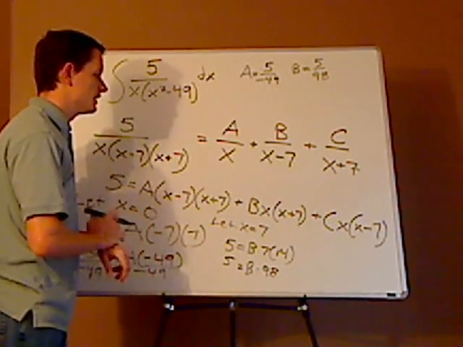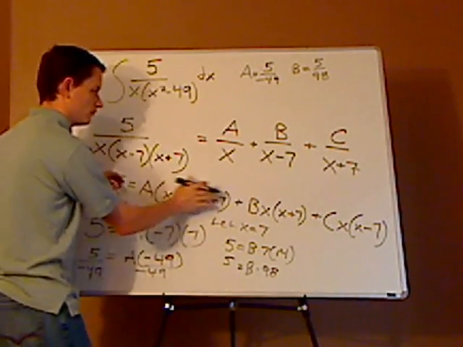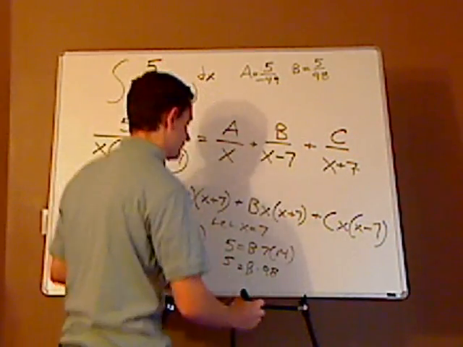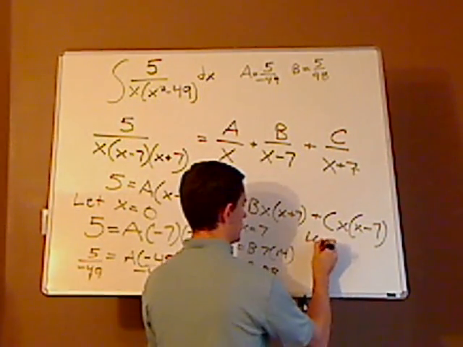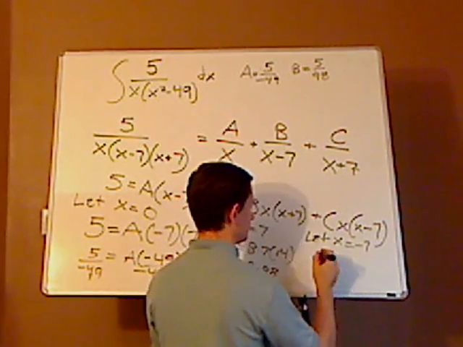Now, if I plug in a negative 7, this cancels out, this cancels out, and I'm left with this term over here. So let x equal negative 7.